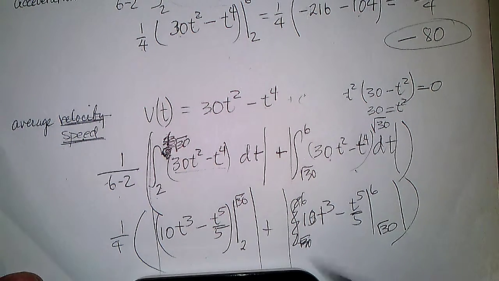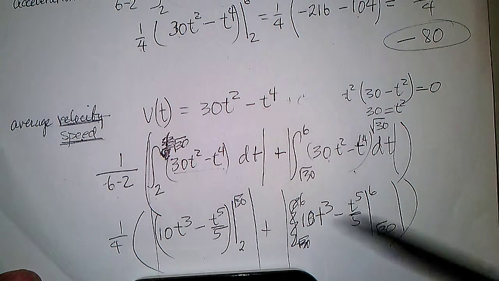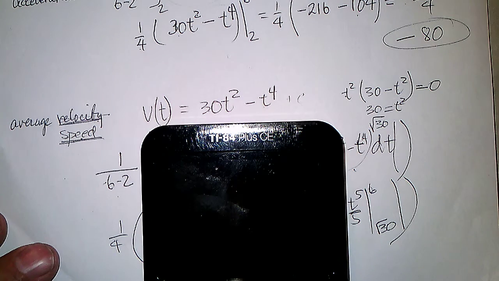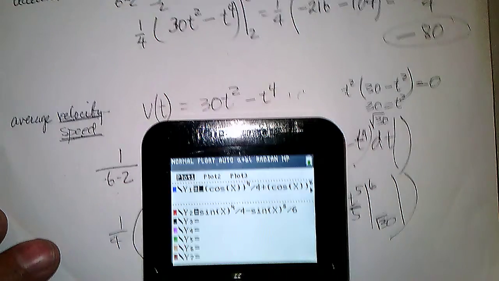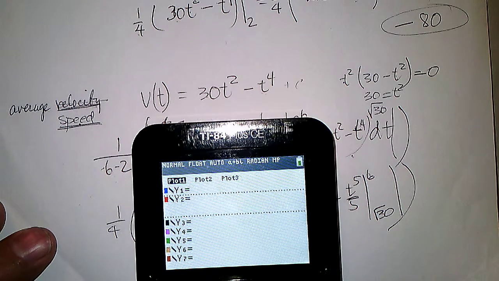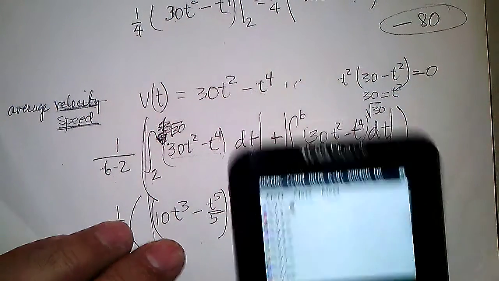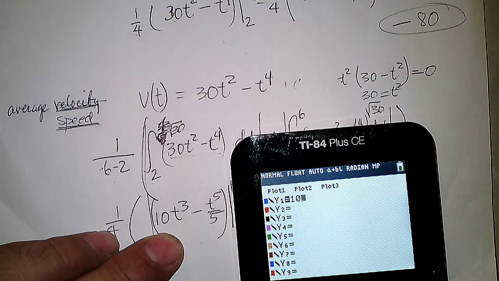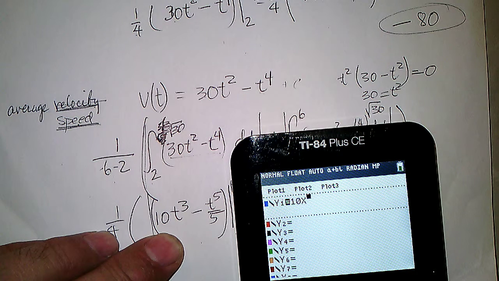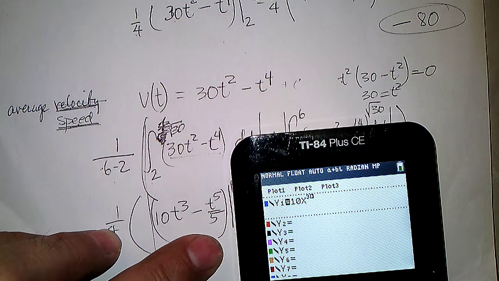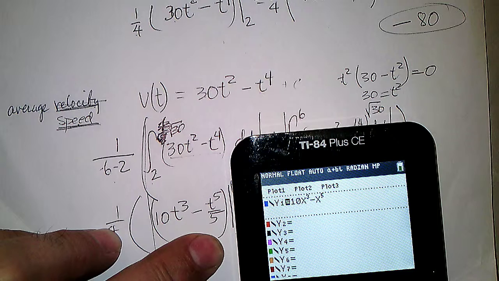So I need to put 2, square root of 30, and 6 into that expression. So I'm going to go to the y equals and type that expression in there. I'm going to turn off the plot too: 10x to the third minus x to the fifth divided by 5.